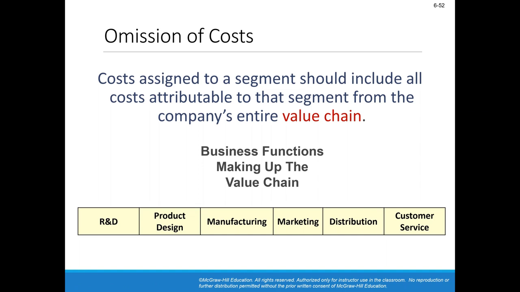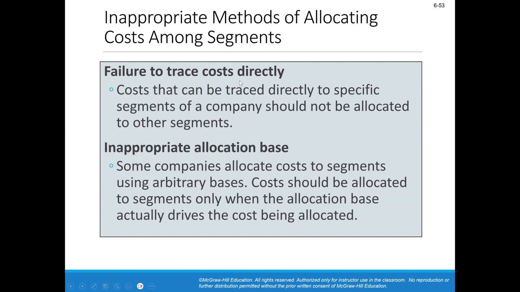So if we have marketing costs that are specifically attributable to the television division, or if we have distribution that, hey, we know that it's going to cost us X amount to get these TVs to these different markets, or that we have customer service because we know that for this TV, we're going to have a bunch of customers calling us and asking us questions, we want to be able to trace those to the specific segment. And if you can't do that, then it shouldn't be allocated to other segments. So costs that can't be traced should not be allocated because that might distort your true profit picture.